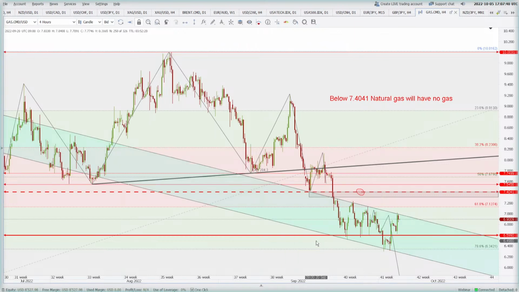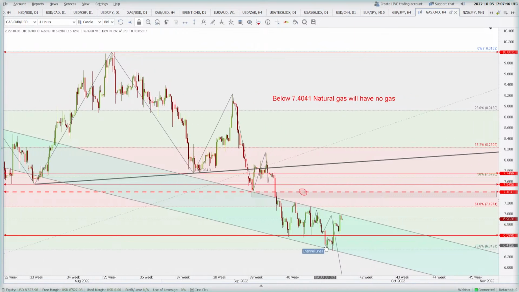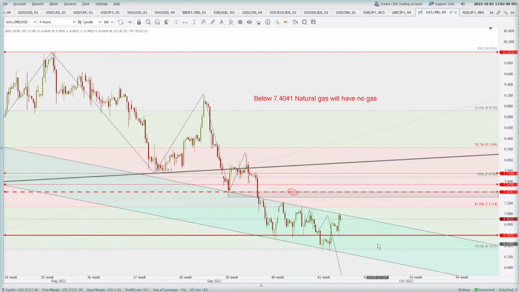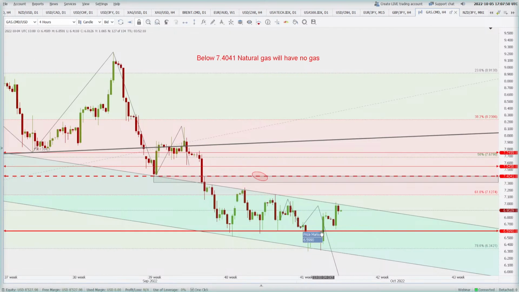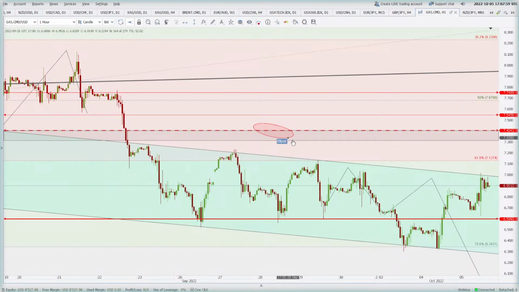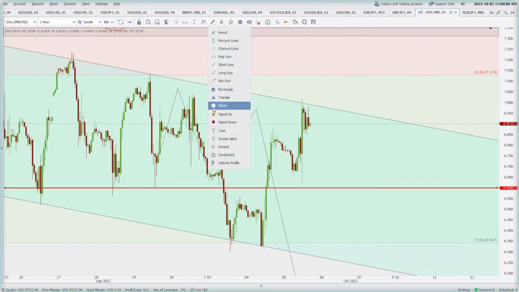Now you see that this is looking like a channel, but while making this channel, the price has made some higher highs and higher lows, and that counts for a counter trending channel again.